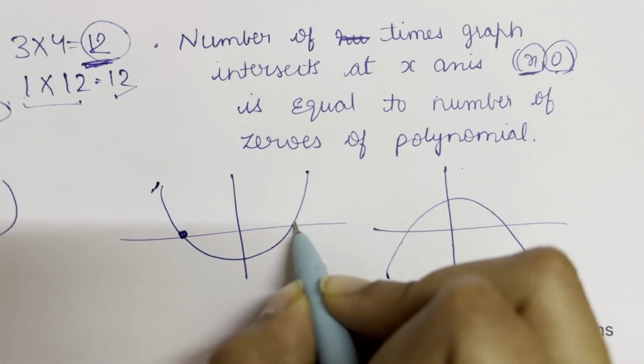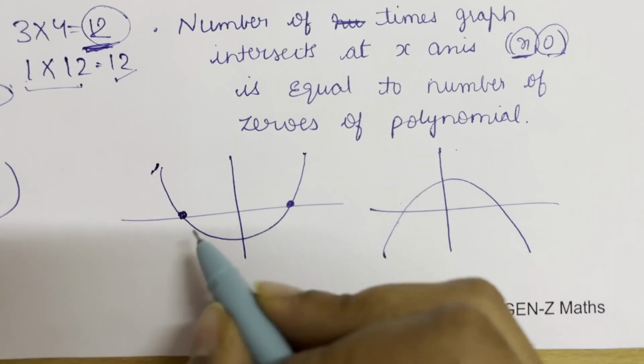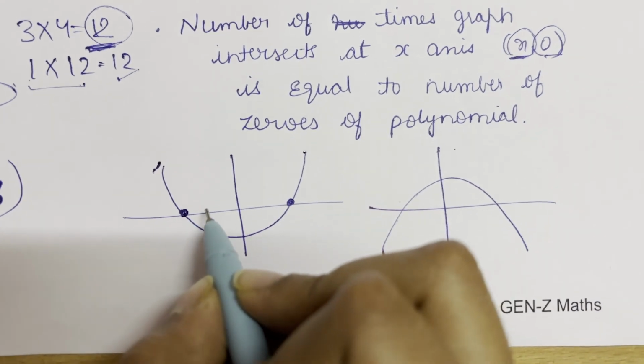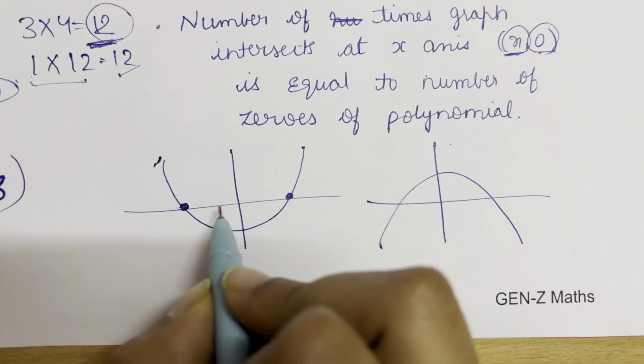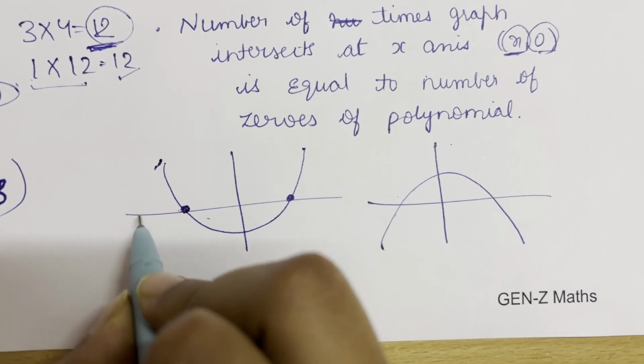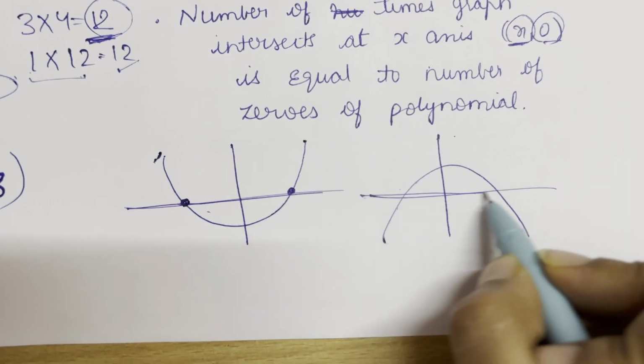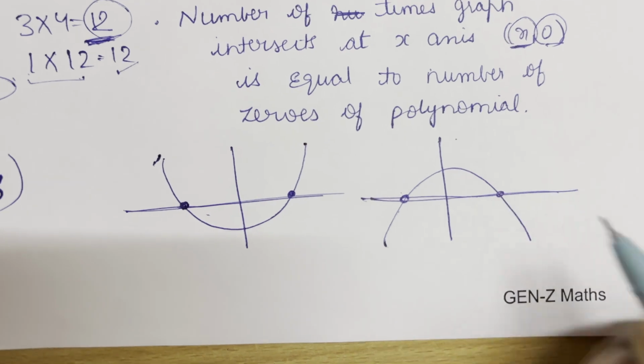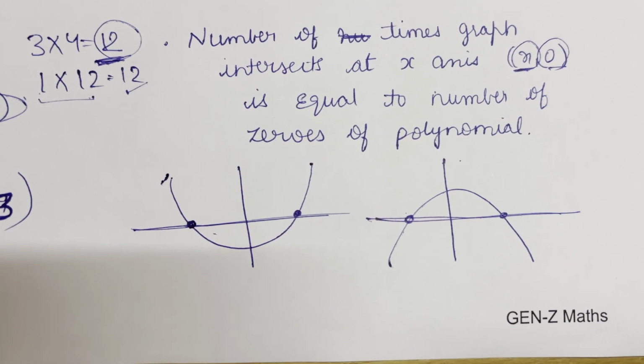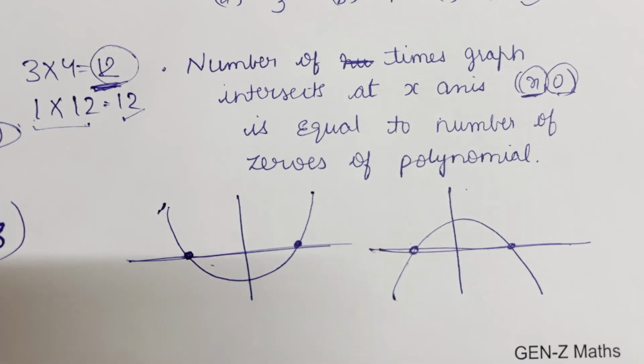So it intersects the x-axis at 2 points. This proves that the number of times it intersects the x-axis is the number of zeros. As we know, for a quadratic equation we can get at most 2 zeros, and these two are graphs for a quadratic equation.